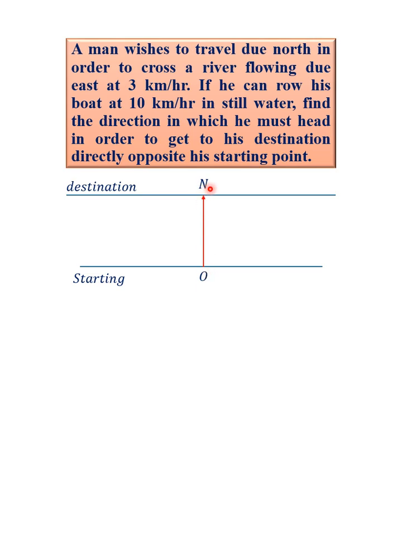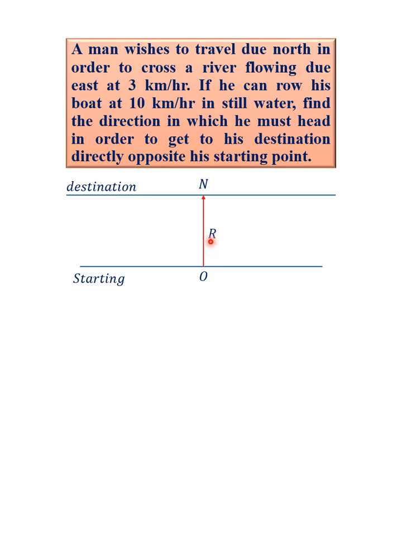Let's call the destination point N. So if the man starts at point O and he wants to get to a destination directly opposite the starting point, then he should be heading in this direction straight to this point N. So this is the result we want to see. This is how we want the man to go. This is how we want to see the man rowing his boat. So we can call this the resultant, or the result we want to see, R.